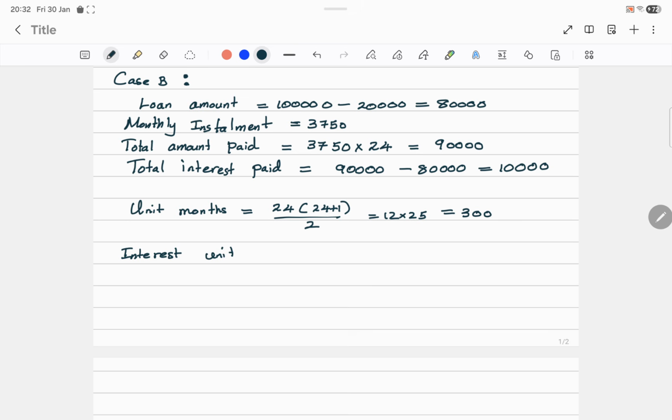Interest per unit month is what? Total interest is 10,000. So interest per unit month is 10,000 over 300. So we can simplify this. Zeros cancel. 100 over 3. Right. Then we have to figure out the annual interest rate. So then we can use what? Interest per unit month is calculated how?